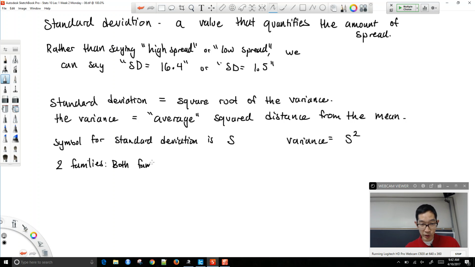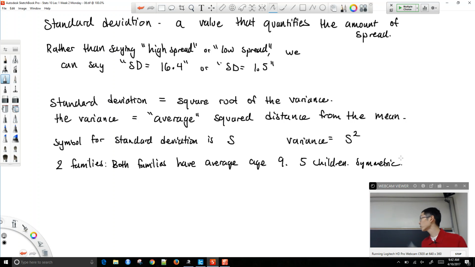Both families have average age 9, and we'll say 5 children, and symmetric. So you feel like we're describing quite a lot, right? The shape of the data is symmetric. There's 5 kids. The average age is 9. What we're missing is the amount of spread.